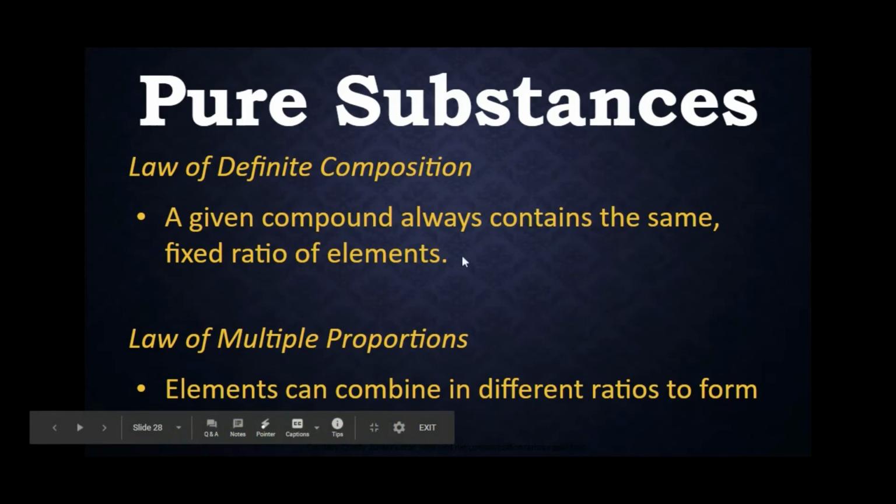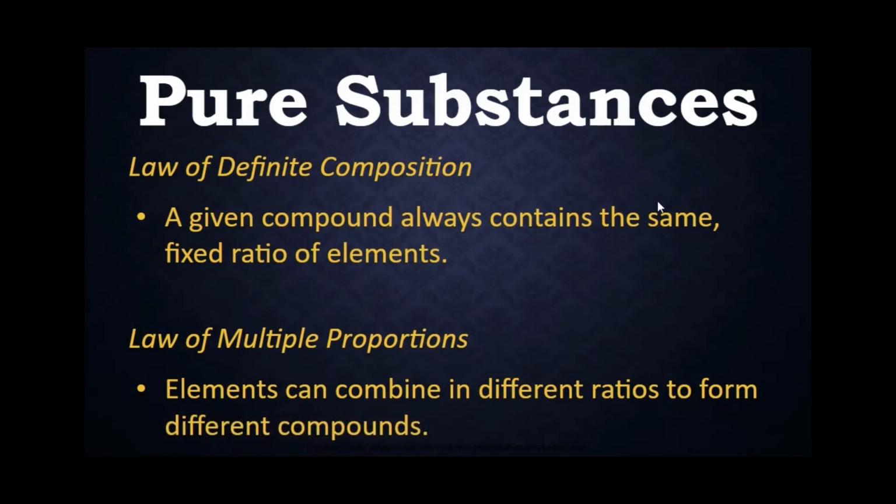They also conform to the law of multiple proportions. Elements can combine in different ratios to form different compounds. There's nothing stopping carbon and oxygen from gathering together as one carbon atom and one oxygen atom, which we would call carbon monoxide, or one carbon atom and two oxygen atoms, which we would call carbon dioxide.